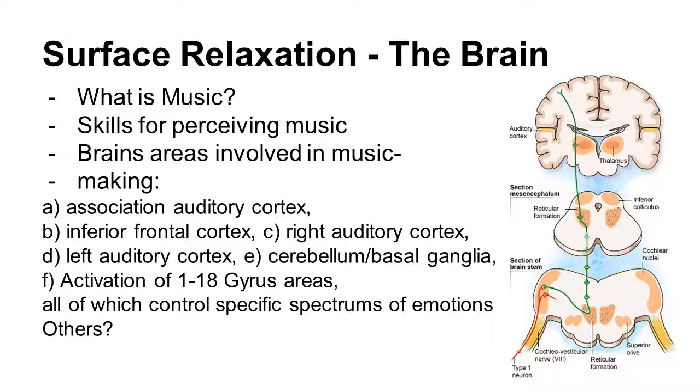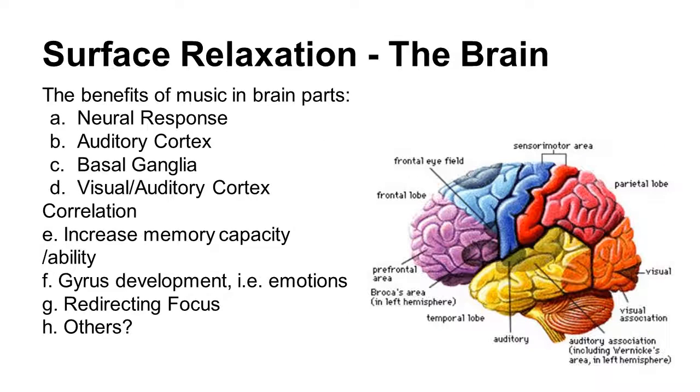These are the primary parts involved, but because of the network effect of this type of information, it's going to go through the rest of the brain as well. So what are some of the benefits of music?